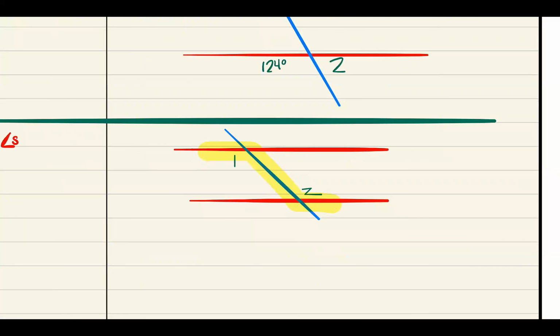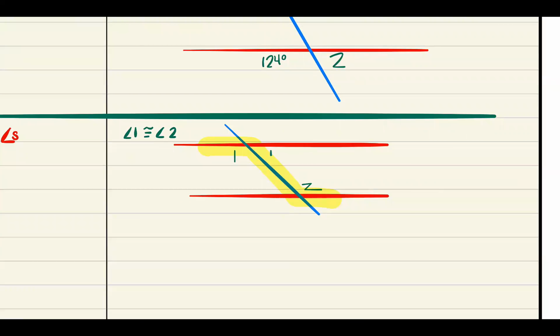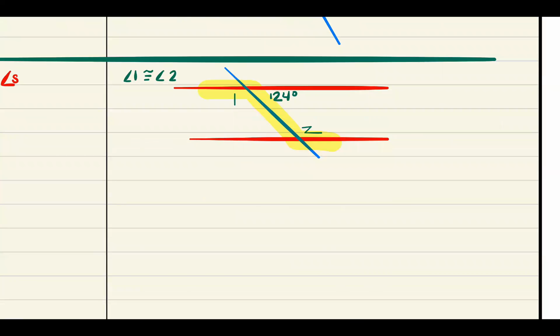And how are these angles related? They're congruent. So angle 1 is congruent to angle 2. And what does it mean for angles to be congruent? They are equal. So if that angle is 124, then this angle must be 124.